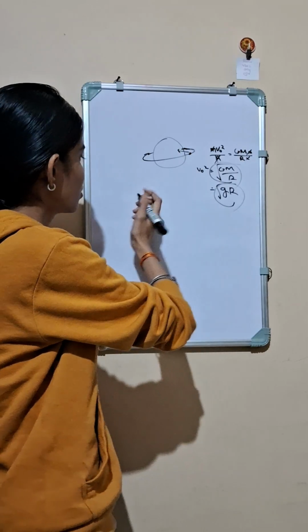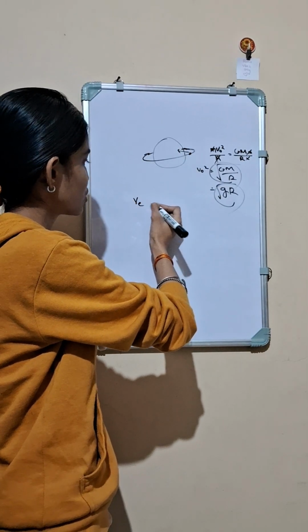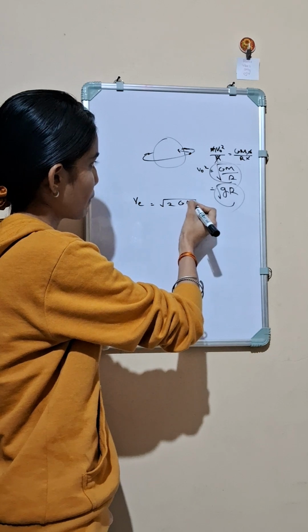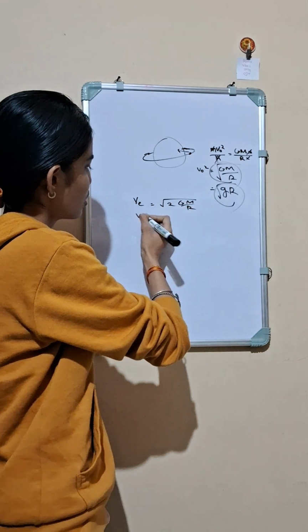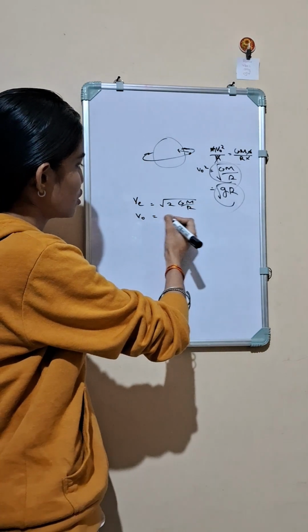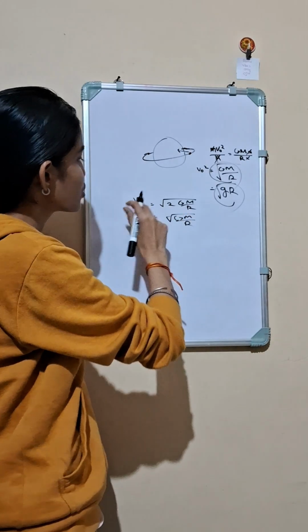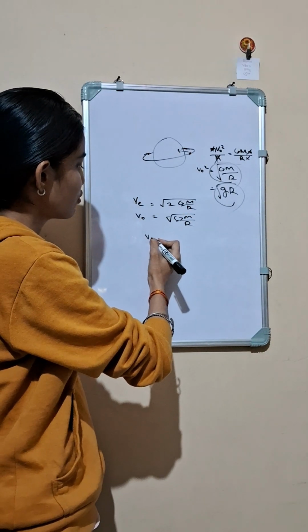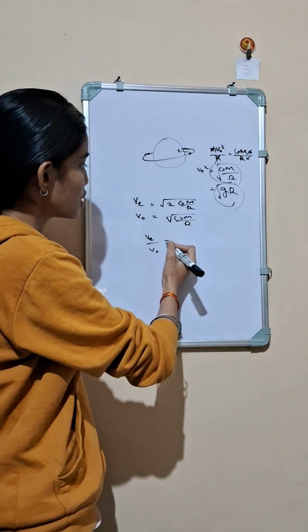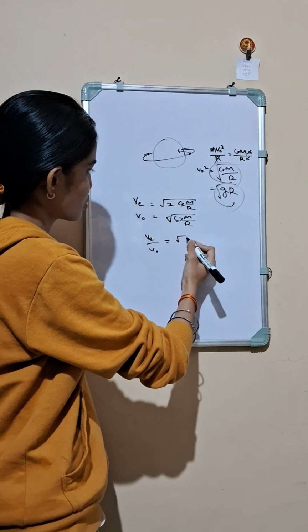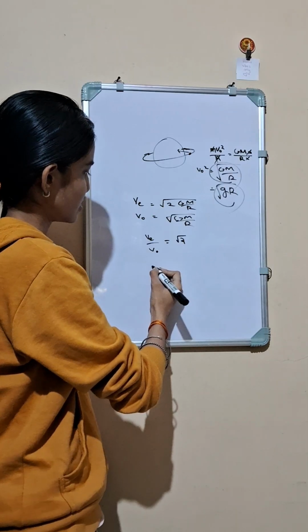So we know that escape velocity is under root 2GM by r, orbital velocity is under root GM by r. From this we can calculate the ratio of v by v naught, which will be equal to root 2, right?